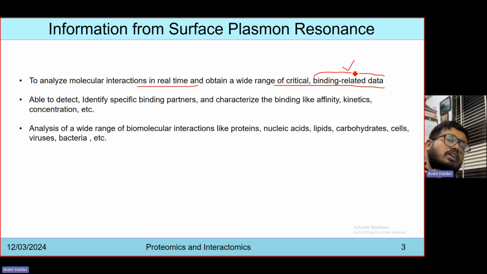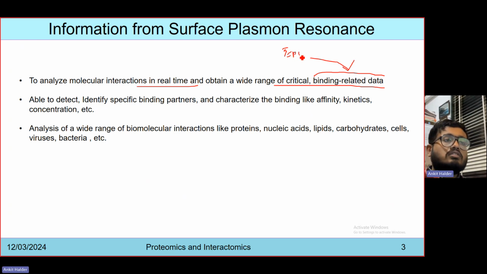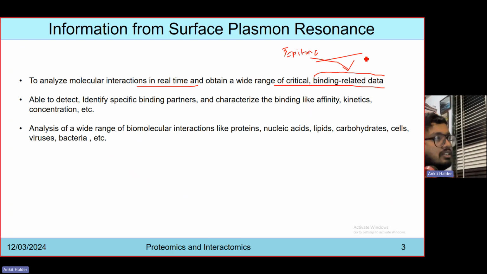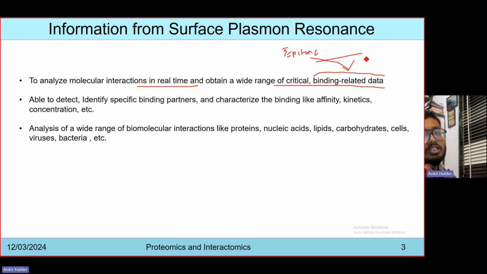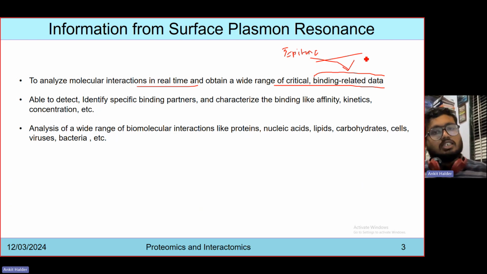For example, you can understand which epitopes will be binding to your antibodies, how strong that binding interaction of the epitopes is, and the immunogenicity, for manufacturing different kinds of vaccines, etc. All these binding-related data are quite important.